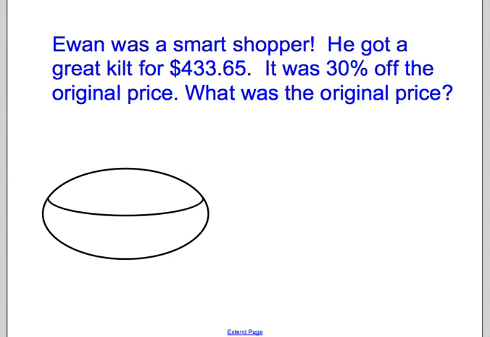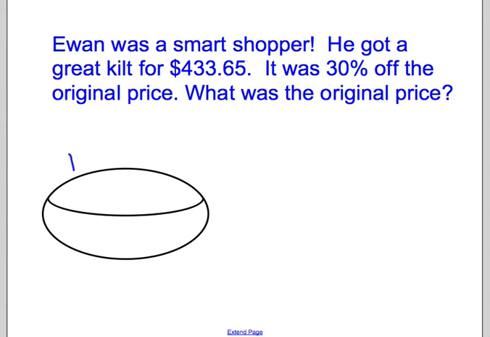So let me read the problem and then we'll get into it. Ewan was a smart shopper. He got a gray kilt for $433.65. It was 30% off the original price. What was the original price? All right, we're going to use this diagram to help us organize our values, our money, and our percents.